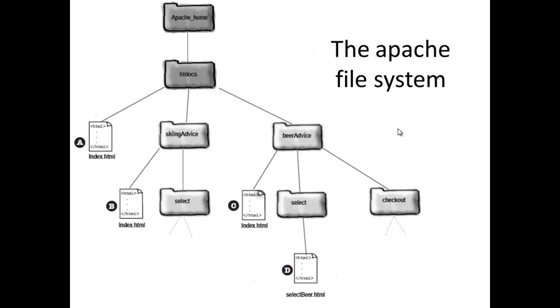So there is a structure that Apache is based on, and you have to absolutely respect the structure. Although now it contains HTML files, it also contains Java files, JavaScript files. We will restrict it to Java, and we will talk about the file system in detail later on.